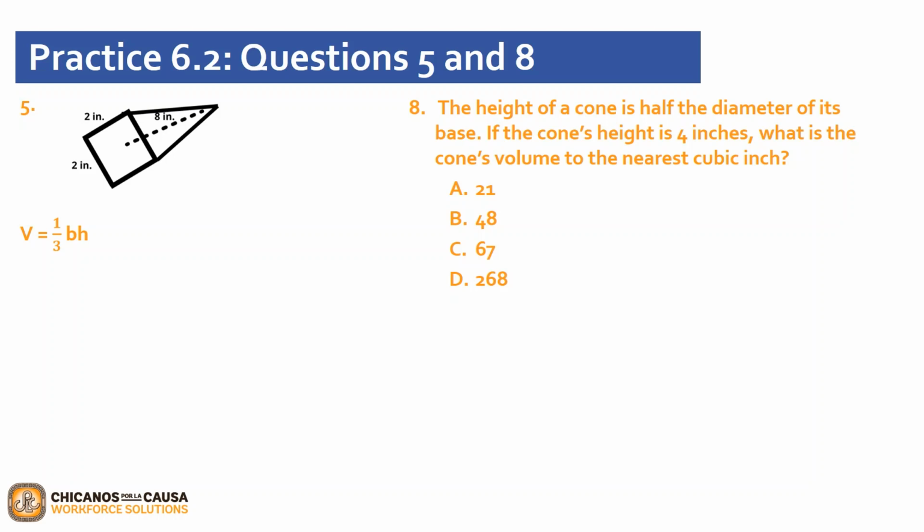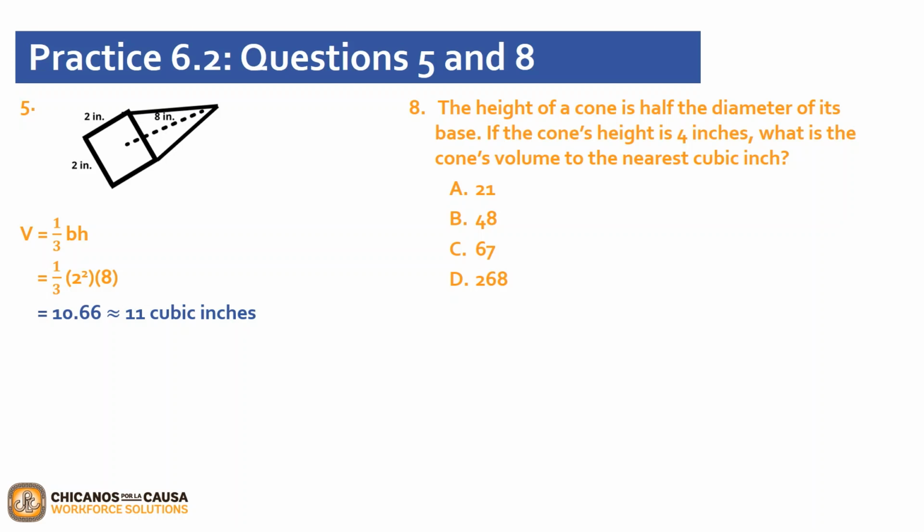We're going to replace the variables with our values. Once again, the base is 2 squared. Always remember that. When we calculate it, we get 10.66, but when we round it off, it's going to be 11 cubic inches.